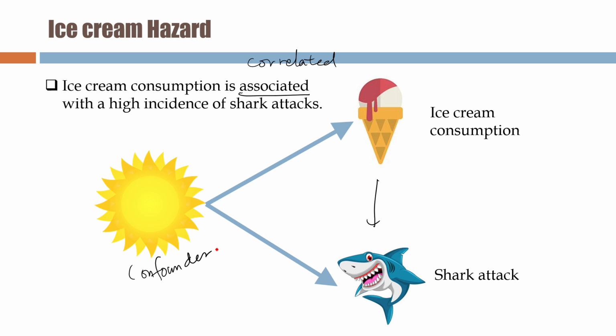If we condition on the weather, how can I condition on weather? If we consider only the really hot days, not the cold days, say temperature higher than 35 Celsius, and I'm only collecting data on really hot days, is there still a correlation between ice cream consumption and shark attacks? Maybe not.